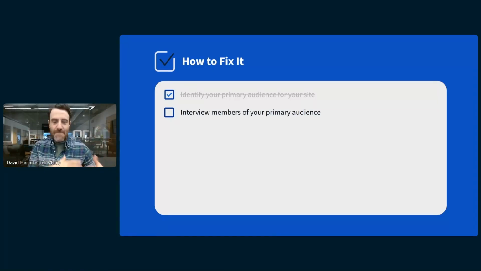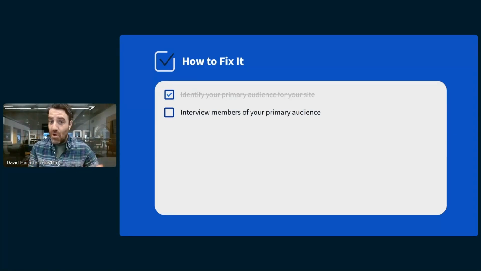A lot of people put together donor personas or personas in general that are based on estimations or hunches, and that just tends to fall a little bit more flat. So the more you can actually base the decisions you're making on these conversations you're having with your primary audiences, can go a really long way.